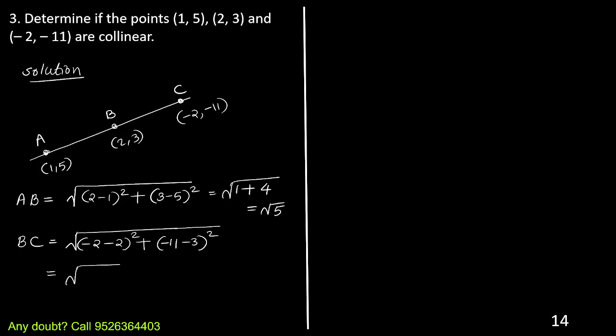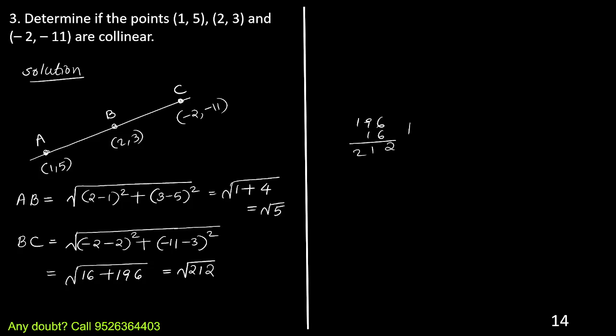It is root of this is minus 4 square. Minus 4 square is 16. And this is minus 14. Minus 14 square is what? 196. So 196 plus 16, what is the sum? 212, correct? Yes, 212. Root of 212.